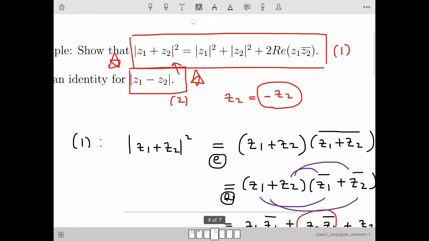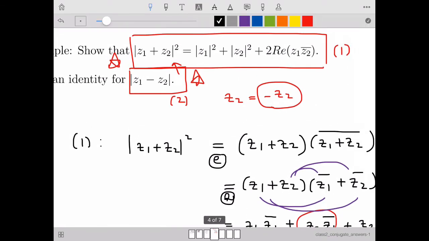Let's do 2. For 2, we can plug in minus Z2 into Z2 there.